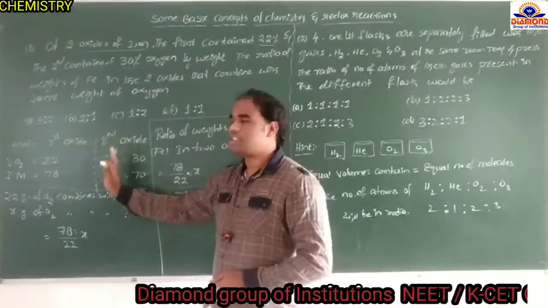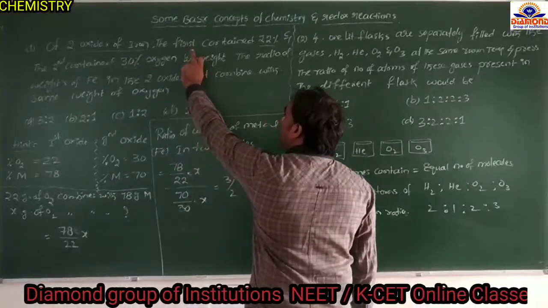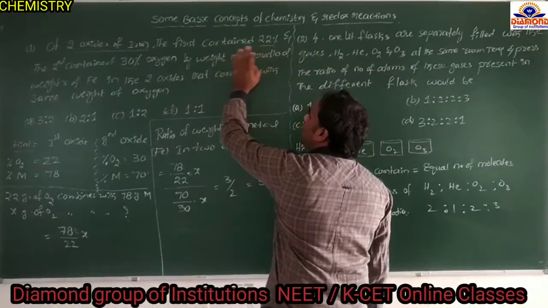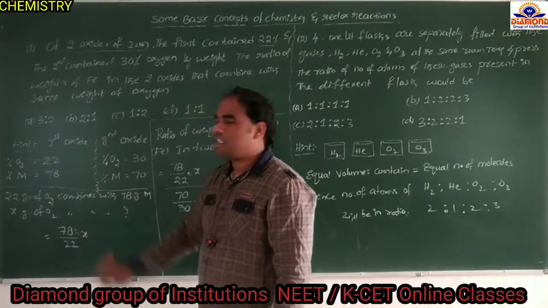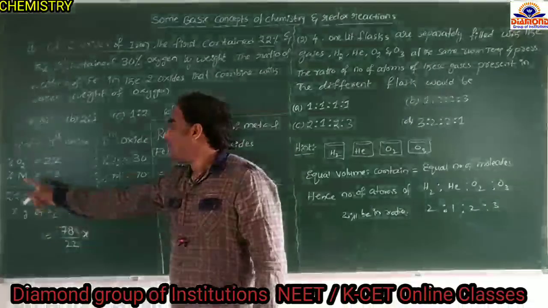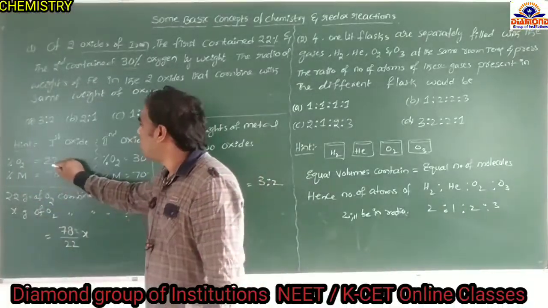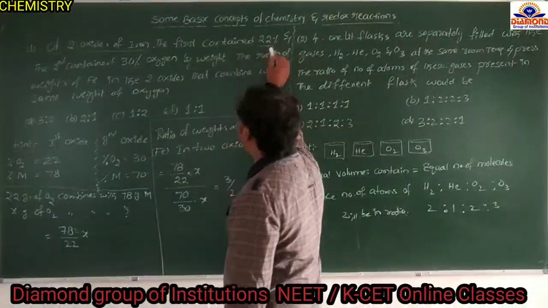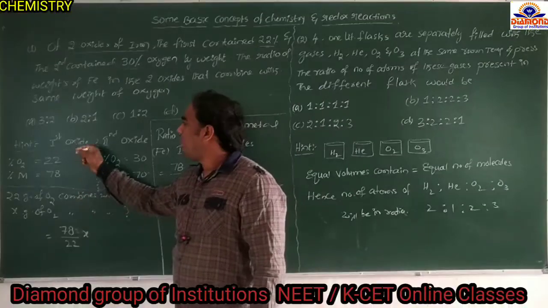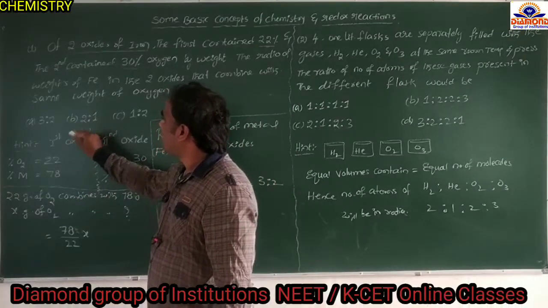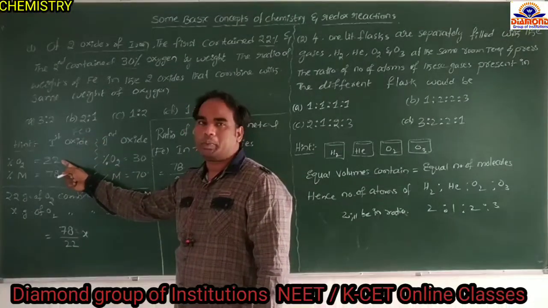In the first iron oxide, the percentage of oxygen is 22.